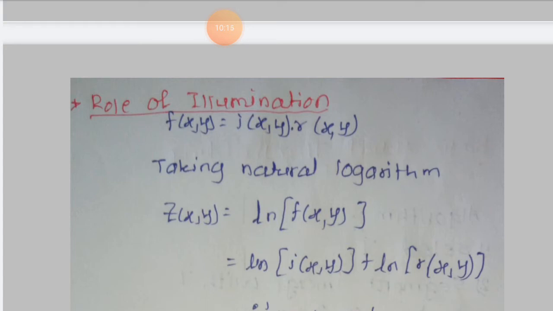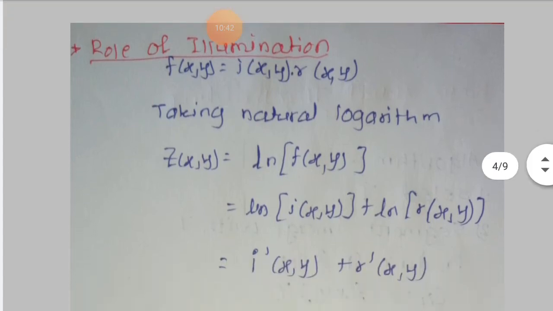f(x,y) is equal to i(x,y) times r(x,y), because f(x,y) is formed as the product of the illumination and reflectance, i(x,y) and r(x,y) respectively. So for z(x,y), I take the natural logarithm of the input image f(x,y).